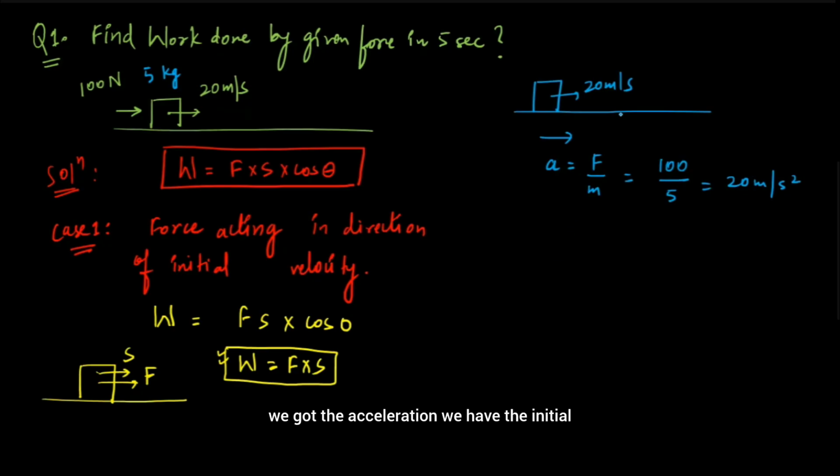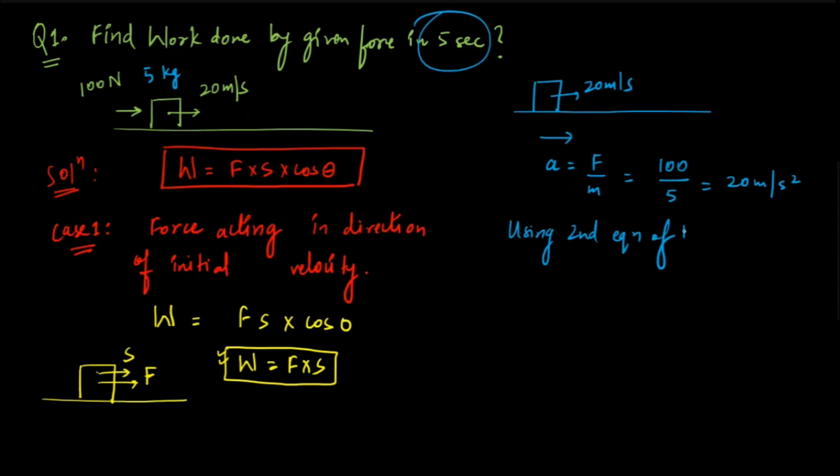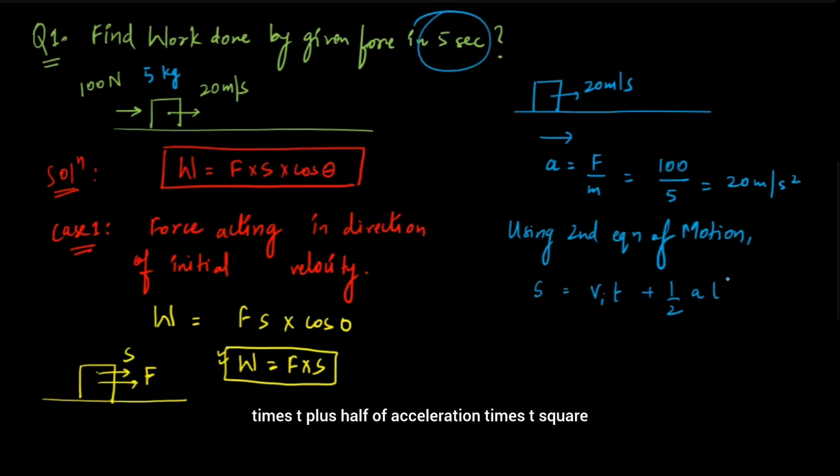We got the acceleration, we have the initial velocity, we have the time here. We can simply find out displacement using the second equation of motion. Because of the force, the particle has some acceleration, 20 meters per second square. So displacement S is going to be initial velocity times t plus half of acceleration times t square.